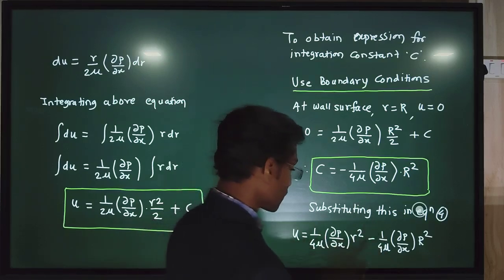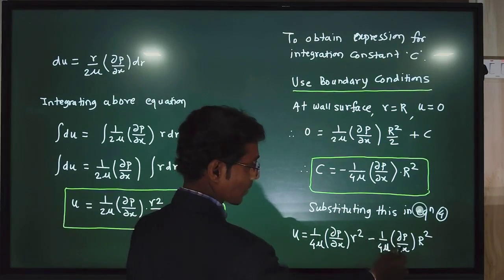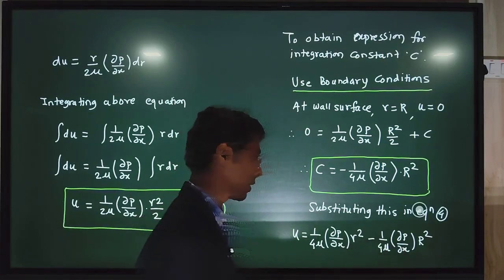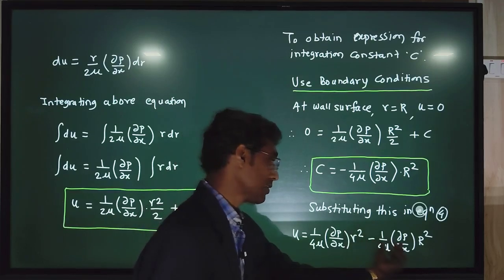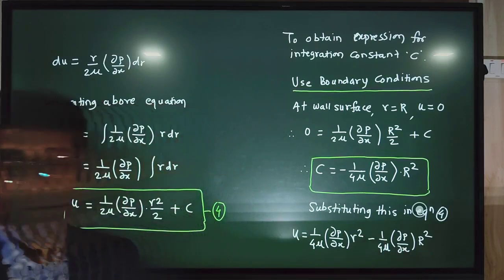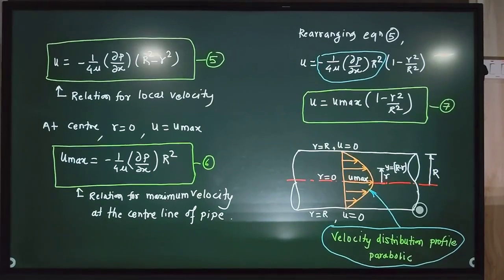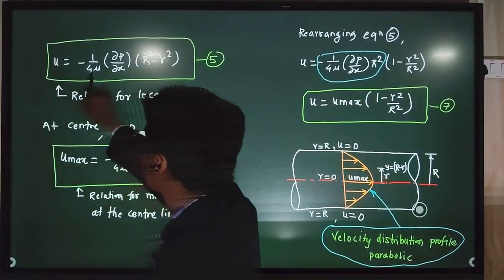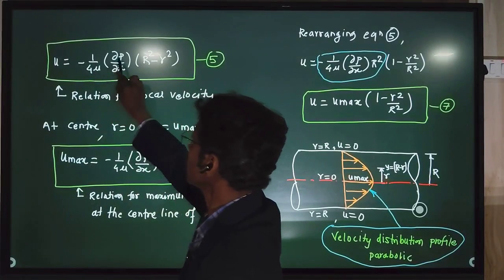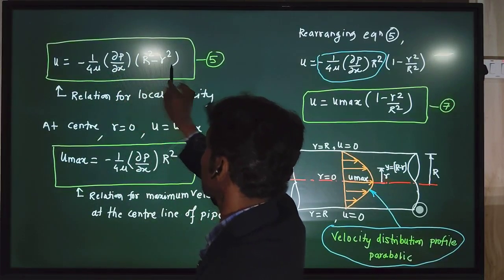So in this expression we can take 1 by 4 mu delta p by delta x common, but while taking we take the first term as common with the minus sign. So we find here small u is equal to minus 1 by 4 mu into the pressure gradient into capital R square minus small r square.